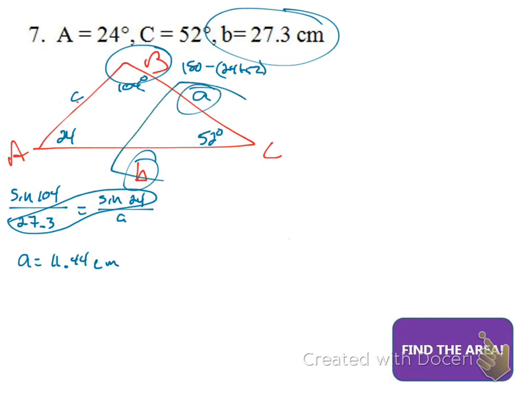So now we've got A. Now to find the area, we're going to use side A, side B, and angle C. So the area of this triangle is 1/2 times, and we've got B, 27.3. We've got A, and it's rounded, so try not to use the rounded guy. Use whatever's sitting in your calculator right now.